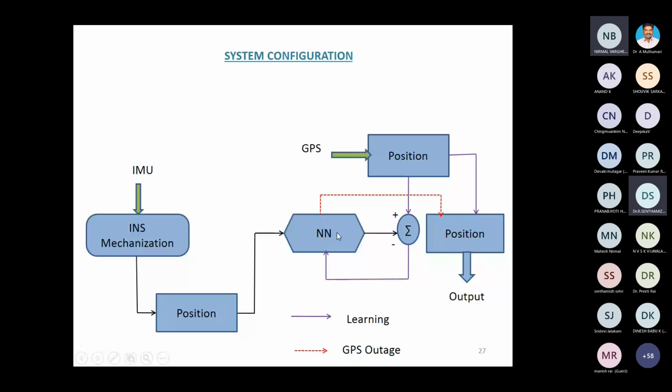Now, the input for this neural network is taken from the inertial measurement unit, which has gyroscope and accelerometer sensors, and that will create the position values like latitude, longitude, and altitude. I take these values as the INS values as one input of my neural network. Another input I take as time. These two inputs require two nodes.